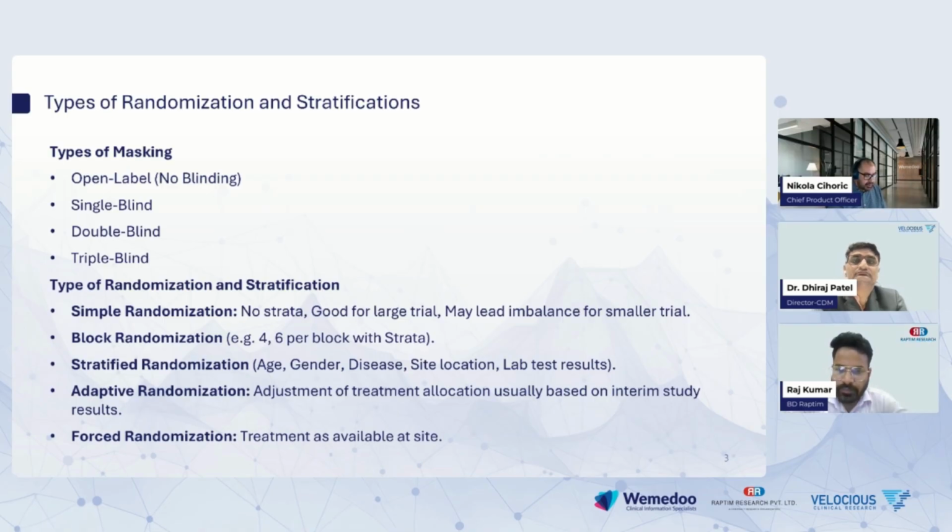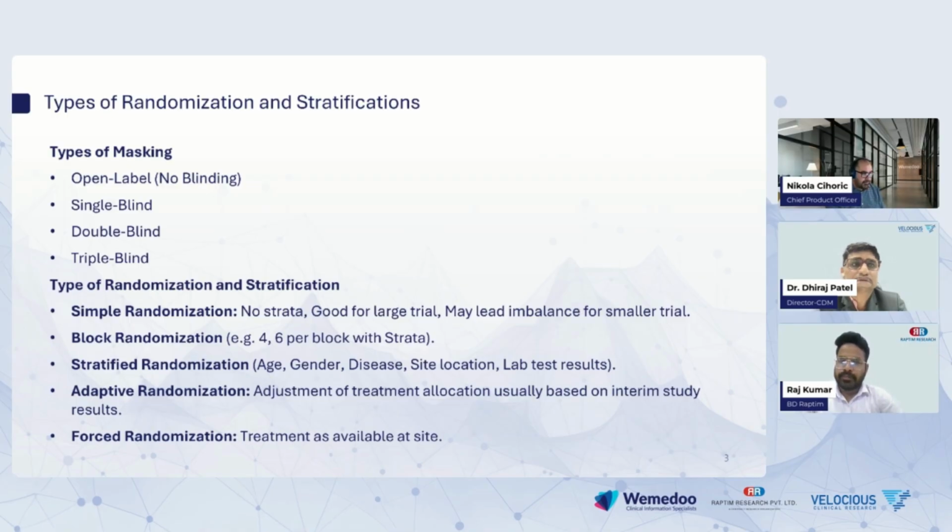Then there is the single blind trial setup, where the patient doesn't know which type of medication or intervention he or she has received, and double blind, where the investigator and patient don't know which investigational product or kit is randomized to them. And there is triple blind, one of the most complex to set up, where nobody knows which type of treatment is given to a patient until the final statistical analysis is done.